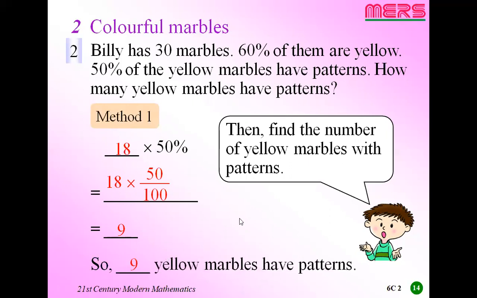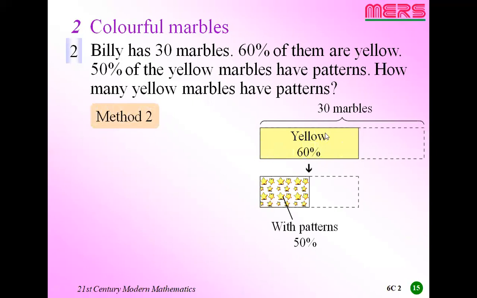Okay, easy busy. But how about method 2? How can we do it in one go? Let's look at the picture. What we did in method 1, you can just use a picture to represent. First of all, in these 30 marbles, 60% of them are yellow. Okay, I don't care about the others, all right? And in that 60%, 50% of it have patterns.